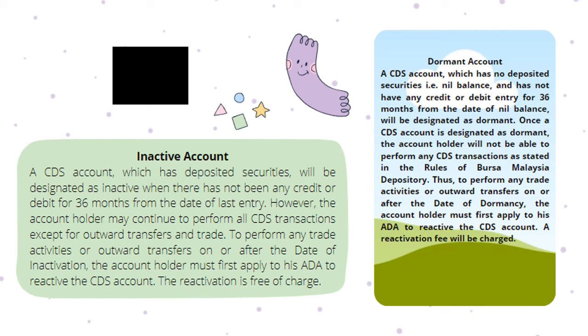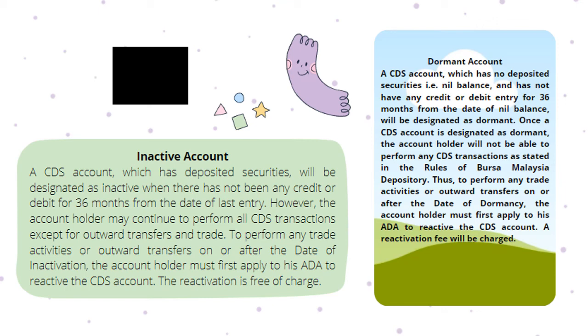Okay, so what is a dormant account? A CDS account which has no deposited securities, for example nil balance, and does not have any credit or debit entry for 36 months from the date of nil balance, will be designated as dormant. Once a CDS account is designated as dormant, the account holder will not be able to perform any CDS transactions.